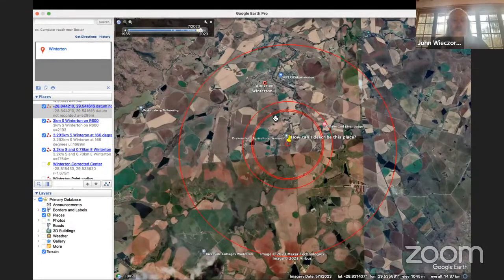We also have the next one out. The next smaller one was the directions at a heading where the heading was very specific, 166 degrees, and the distance was very specific to basically the nearest meter. And we have this next circle here. After that, almost exactly the same in terms of the uncertainty were the distances at a heading.